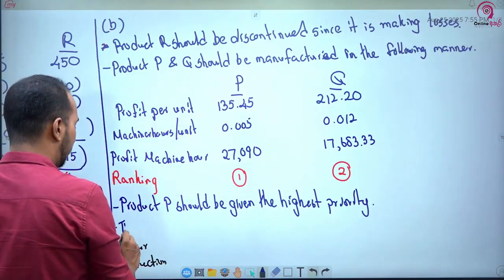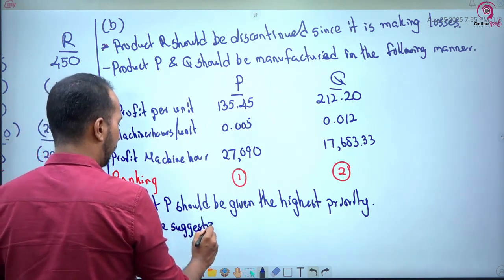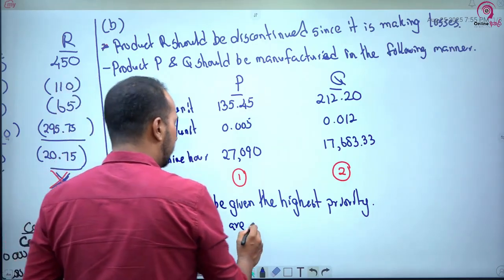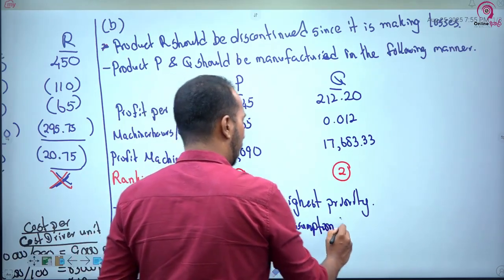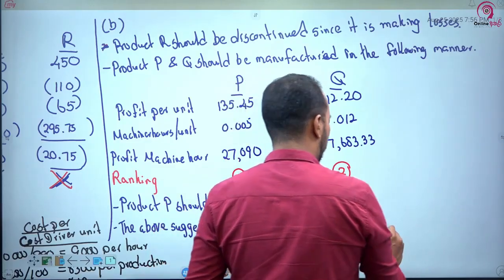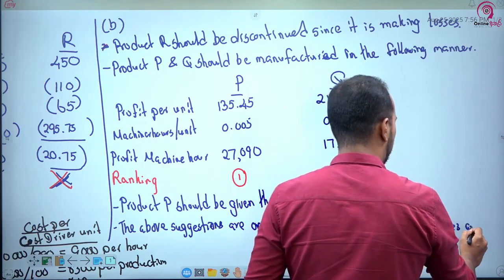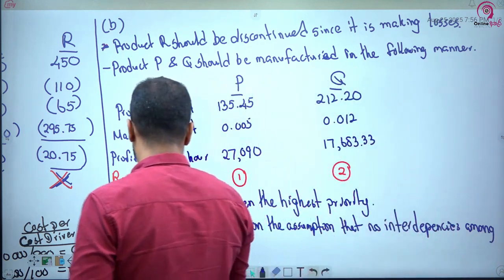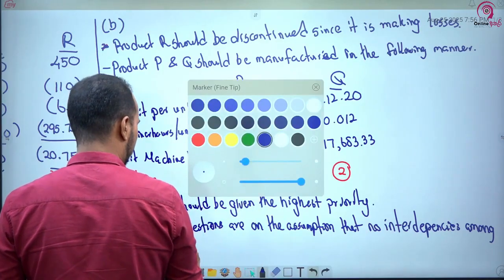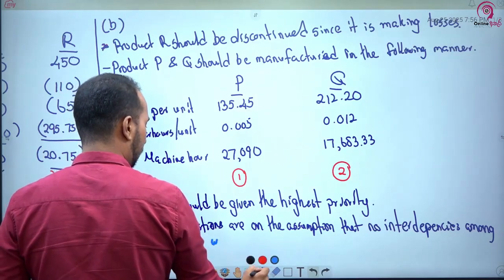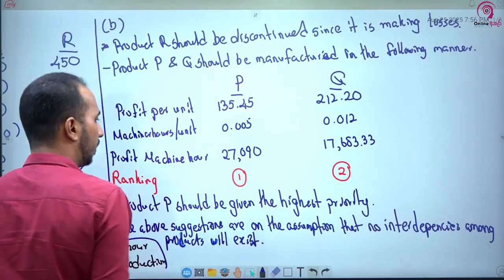The above suggestions are on the assumption that no interdependencies among products will exist. What is the meaning of that?